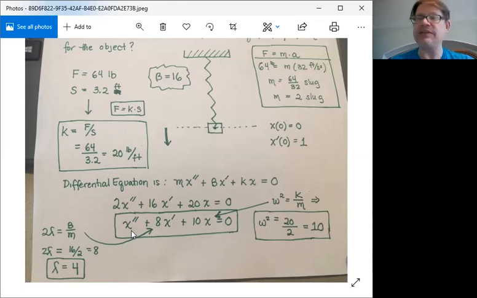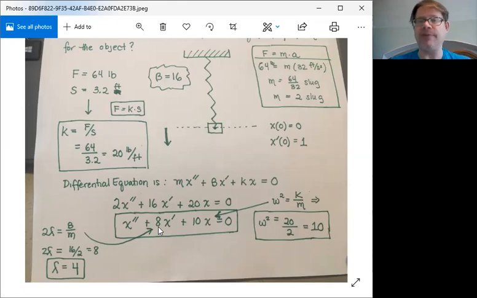What's lambda and what's lambda squared? Well, remember that once we have normalized the equation and got a leading coefficient of 1 for the x double prime term, the coefficient of the x prime term is twice lambda.